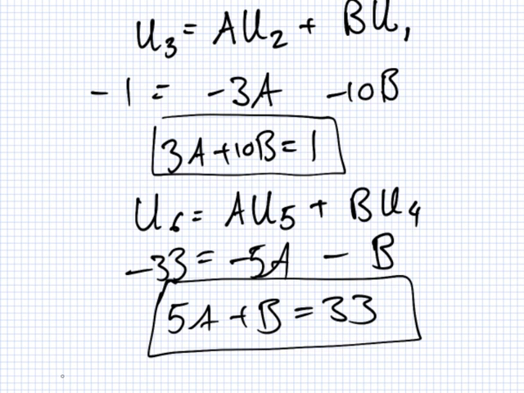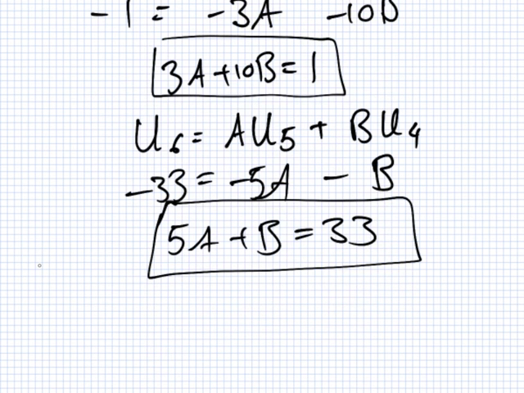Life is short. I won't show you how to solve this because you know how to solve this. I'll just give you the answer straight away. So let me see what I get. Now, when I solve this, I get a equals 7 and b equals minus 2.